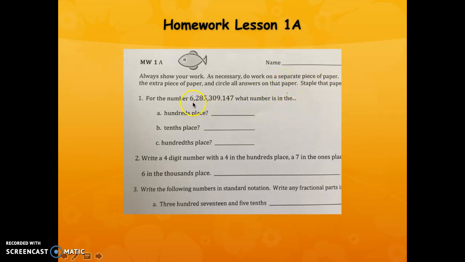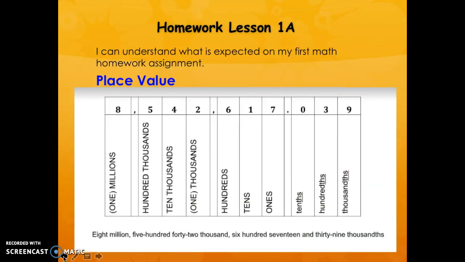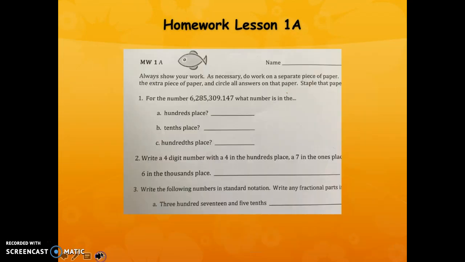It's saying that you have a number here, and it's asking for the digit in the hundreds place. So remember, you've got the place value chart if you need to go back and take a look at it. Hundreds. If I start at my decimal, I have 1, tens, hundreds. So the digit in the hundreds place would be a 3.